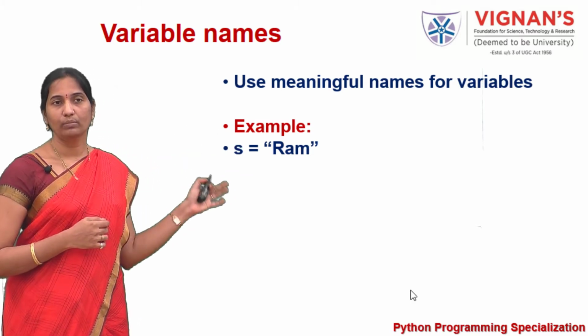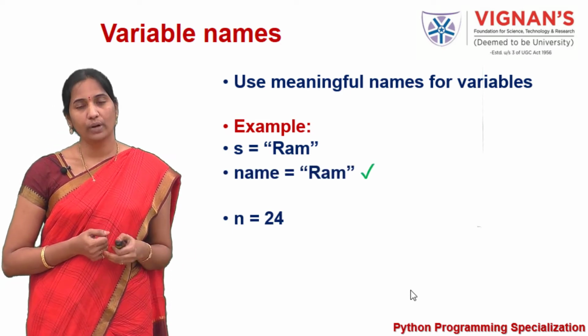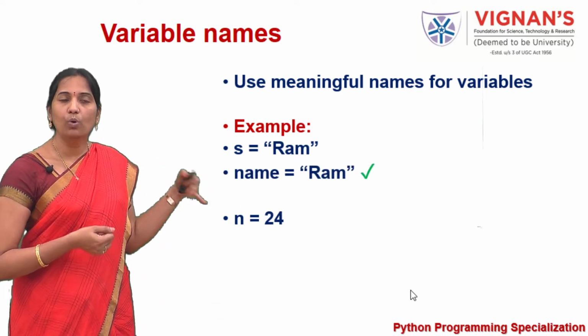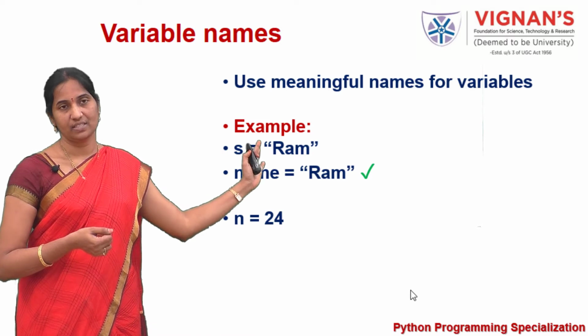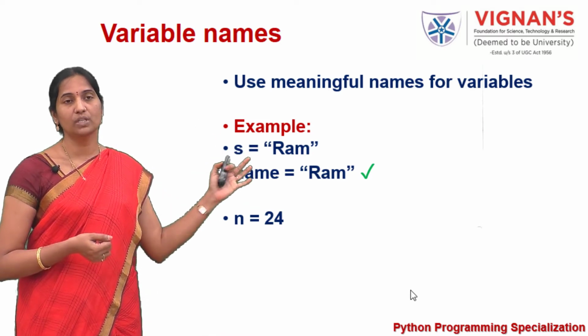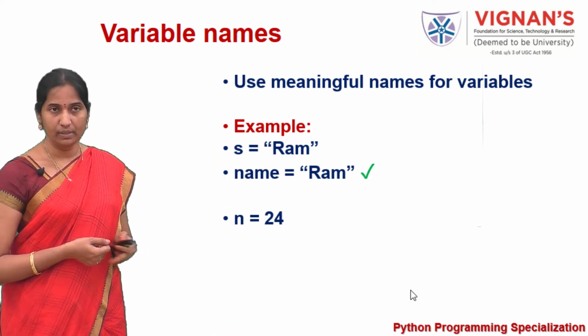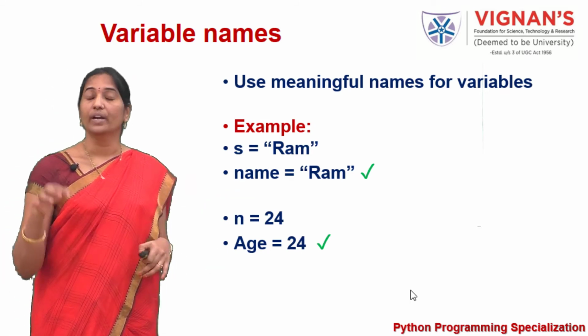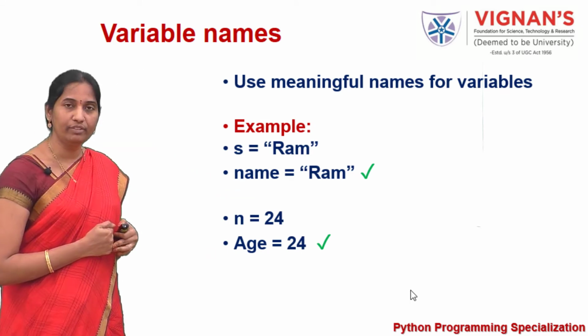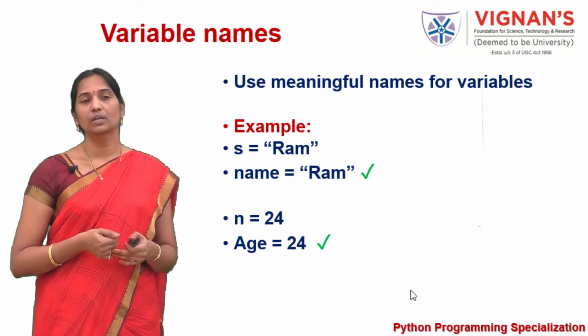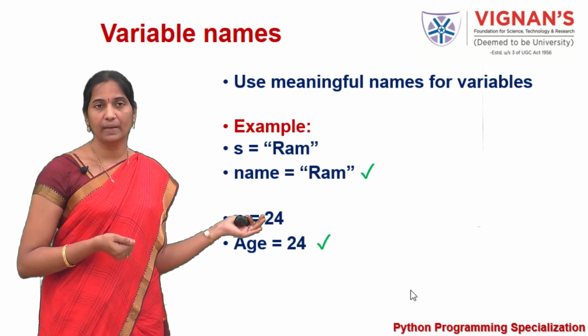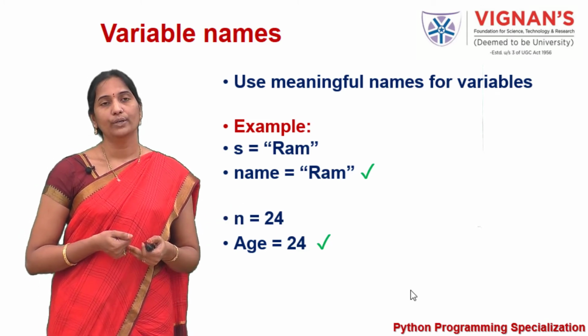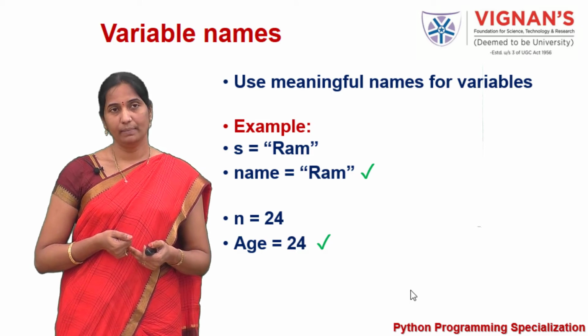So here I am going to use name equal to Ram. Here name is more meaningful than s. Similarly, n equal to 24, but n is designating the age of a person, so I had better use the word age instead of simply n. That's how you use meaningful names for variables.